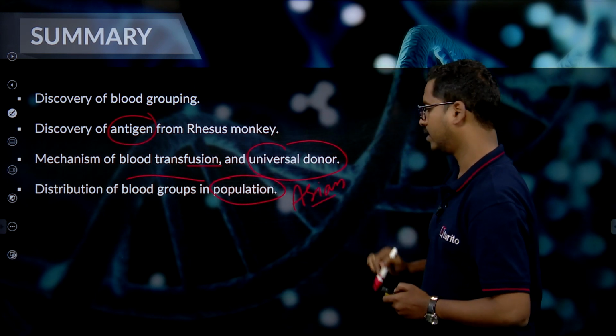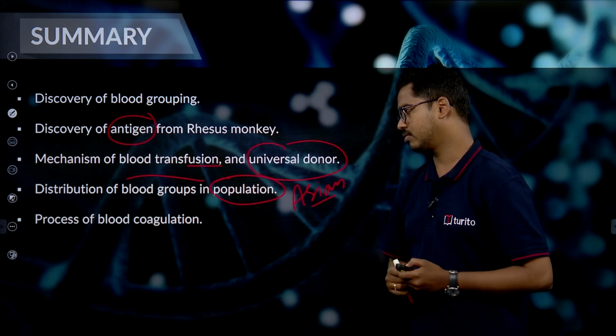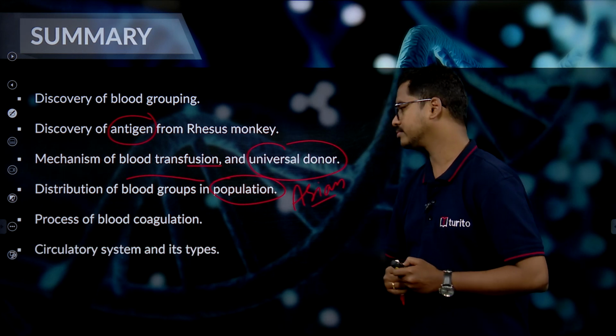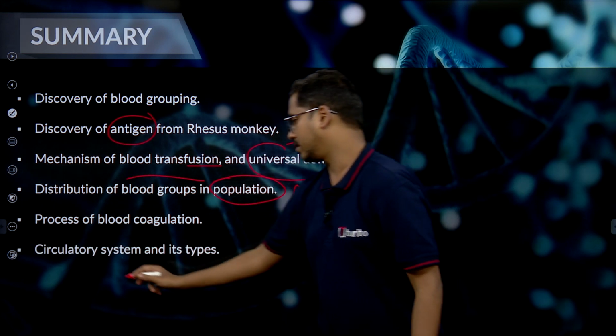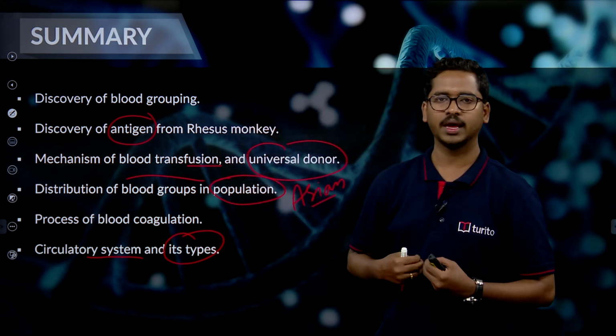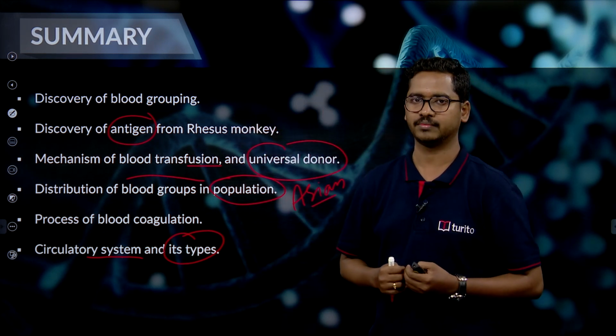We understood the process of blood coagulation, how actually a blood clot occurs. And then we saw various circulatory systems and the types of circulatory systems we and other animals have, right.